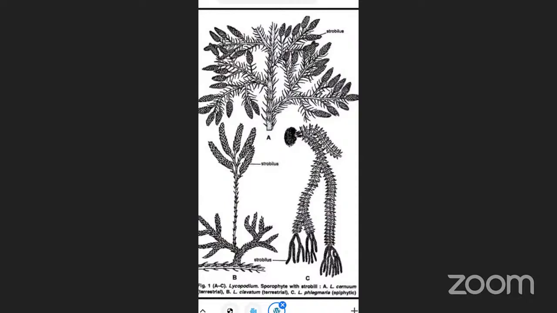In Lycopodium, the primary root is a short-lived structure. The root system is of the adventitious type and dichotomously branched. The leaves of Lycopodium are very small, simple, and microphyllous. The leaf gap is not formed.